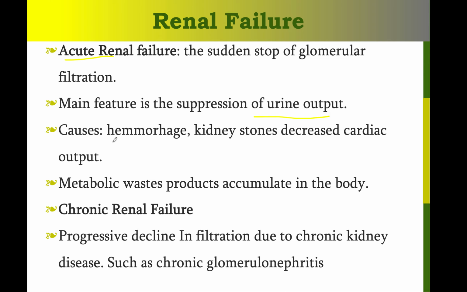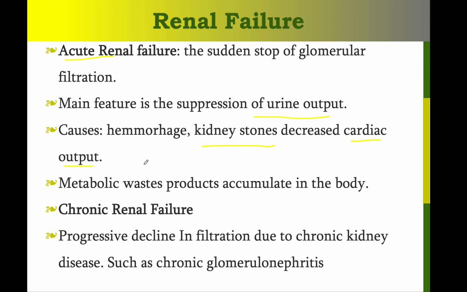If there is hemorrhage, when there is decreased blood volume, when there are kidney stones blocking the passages, or when the cardiac output is decreased, again there is not enough blood coming to the kidneys to be filtered. So these are all causes of acute renal failure.